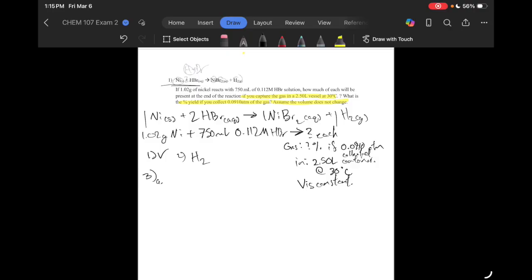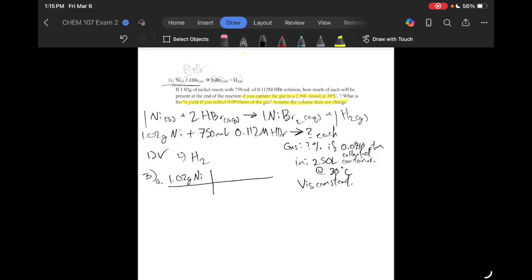So we begin with our given value. We were given 1.02 grams of nickel, and we need to convert this to moles of nickel, so it's easy to work with. If you recall, our conversion factor would be the molar mass, and the molar mass would be the number on the periodic table over 1 mole.